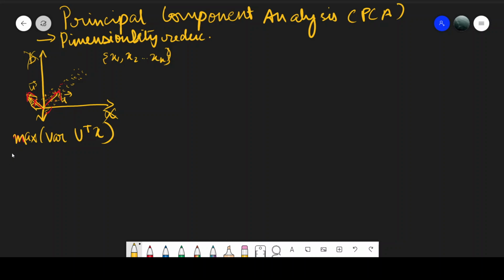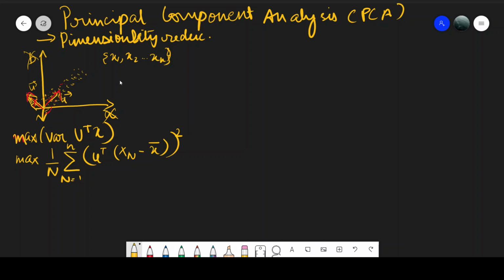Now, what I can do is I can manipulate this, and I can write it this way. I can write max of the variance of U transpose x, which is nothing but 1 by n summation n equals 1 to n, U transpose (x_n minus x bar) the whole square, right?